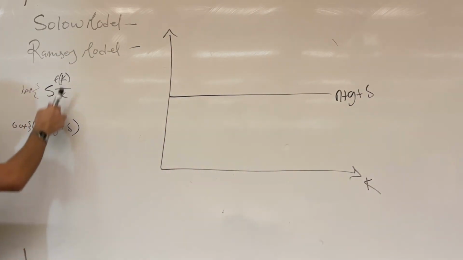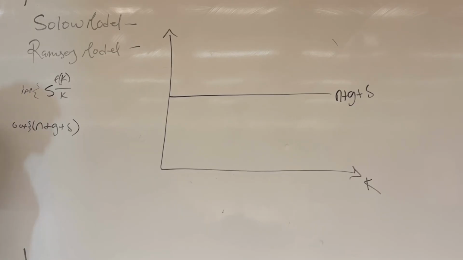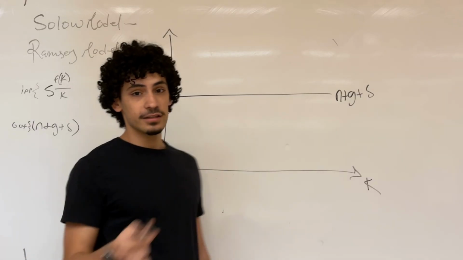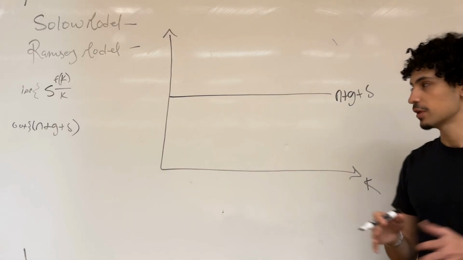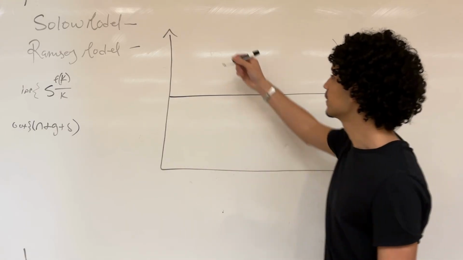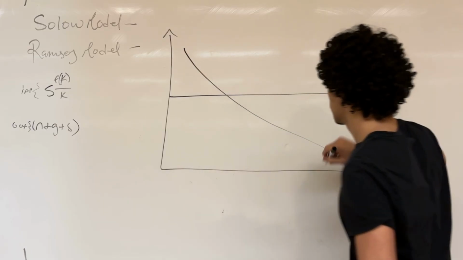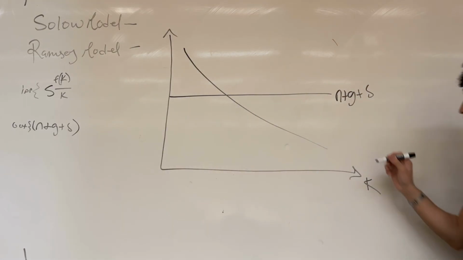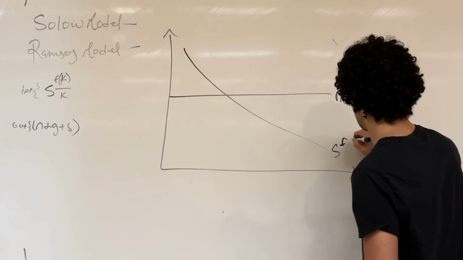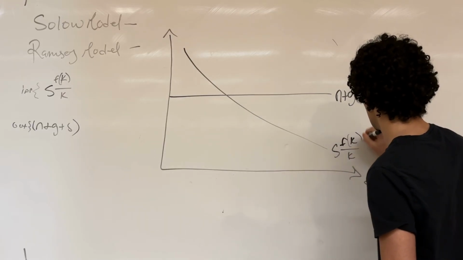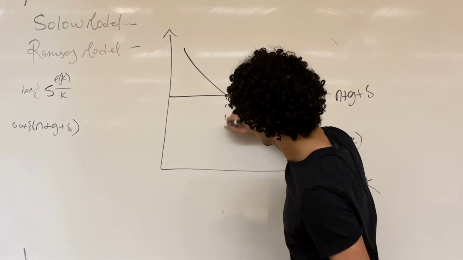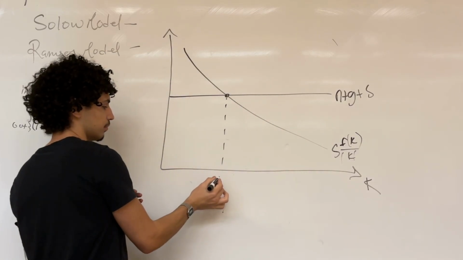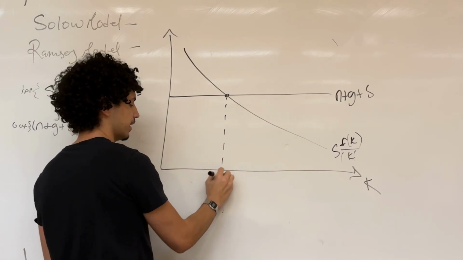Now, this is a little more complicated. What the Solow model says is that this is a downward-sloping curve. It doesn't matter if it's concave or convex, it just has to be a curve that is negative and looks like this. So this is sF(K)/K. Right here we have K star.